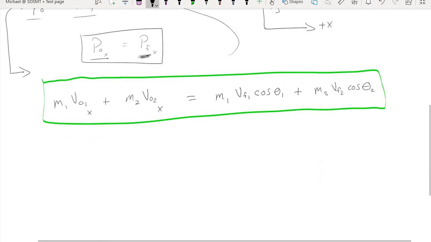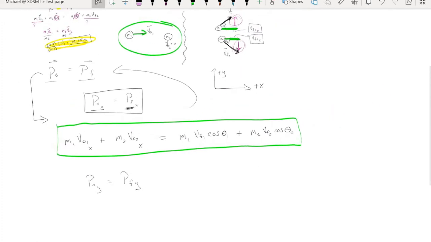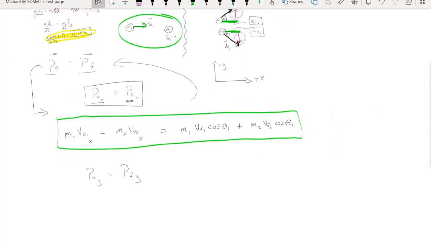We will now move on to the conservation of momentum along the y direction. Now this one should go a little bit quicker because, as we said, starting off we had no momentum in the y direction.